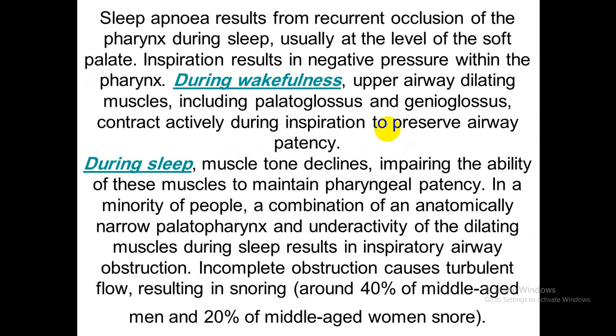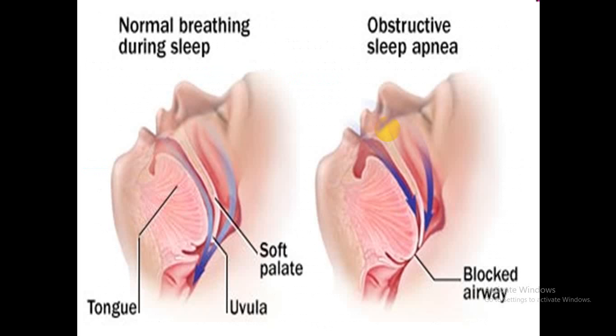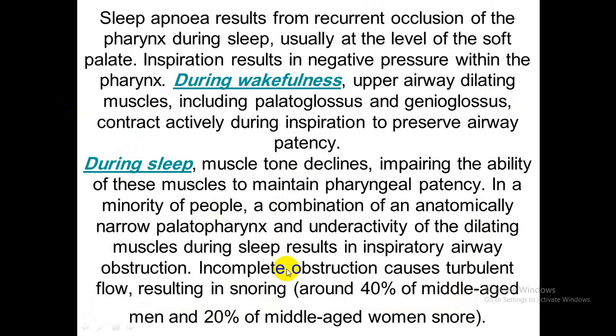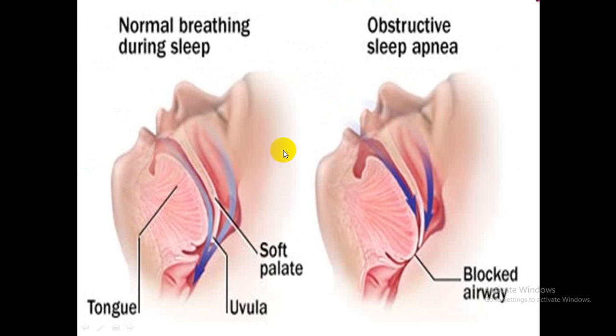Etiology. Normally when the patient is asleep, breathing through the nasopharynx is maintained by the soft palate and the muscles palatoglossus and genioglossus, which are useful to maintain a patent airway during sleep.